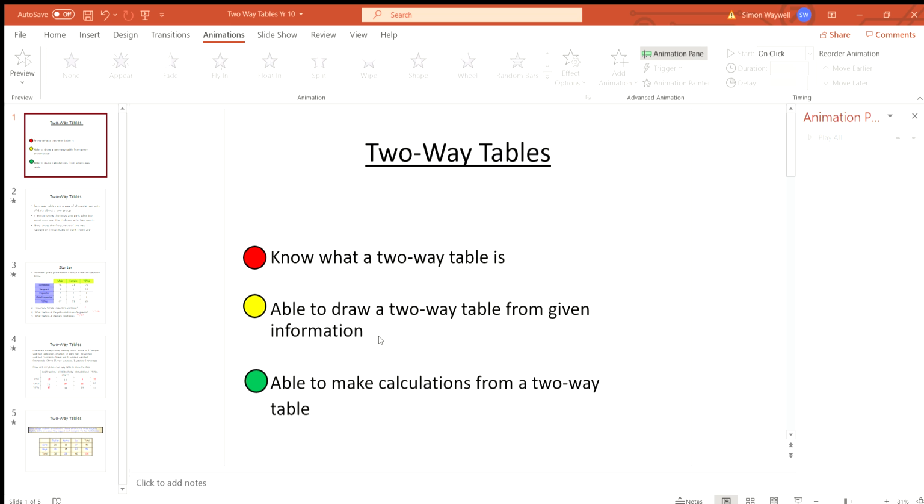I can then use this information now to work out how many girls there were in total. So I can add 35 and 29 and 16, and that gives me 80 girls in total. If I want to find out how many people liked Coronation Street, I can look down here and say I've got 10 boys, 29 girls, and if I add those together, 10 add 29 gives me 39, and down here 3 add 16, that will give me 19 people liked Emmerdale.